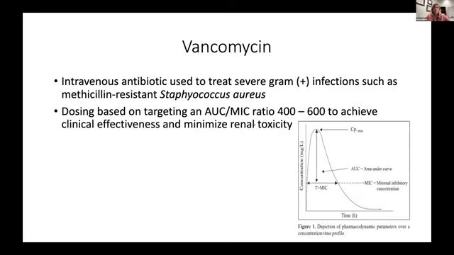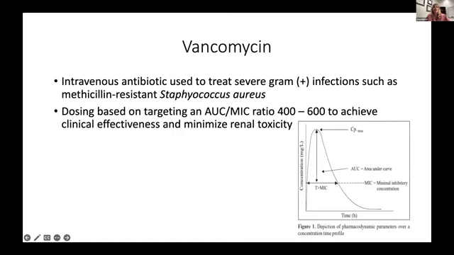And so for dosing, we're targeting what's called the area under the concentration curve to minimum inhibitory concentration, or an AUC to MIC ratio. As you can see here in this image, this is what we call a drug concentration time curve. You have the concentration on your y-axis and the time on your x-axis. With this curve, your drug is given, the concentration peaks in the blood, and then it is eliminated.